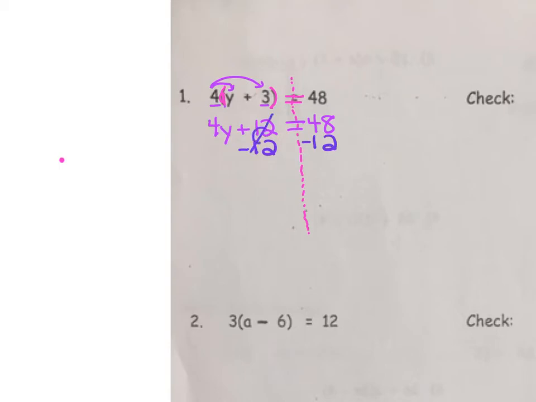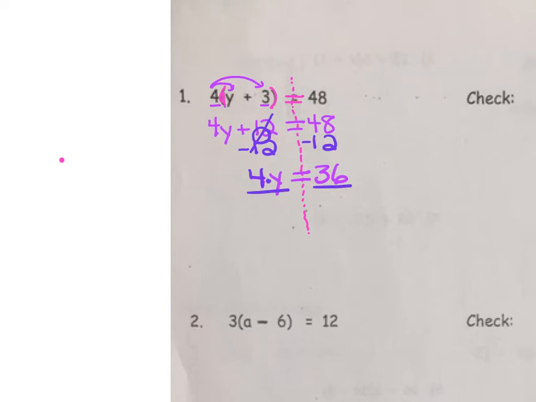This will zero out this particular term, and we're left with 4y, 4 times y, equals 36. Now it's time to divide. Simply get rid of that coefficient of 4, which is currently being multiplied, by dividing by 4.